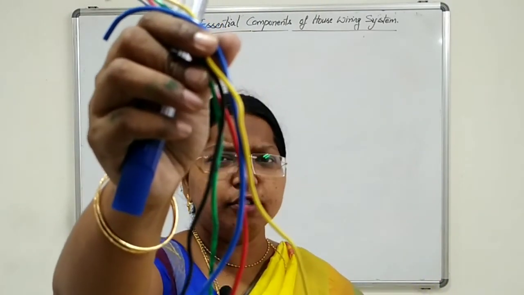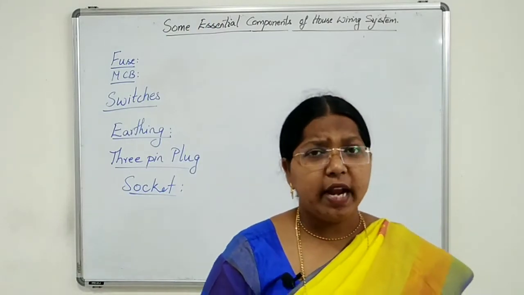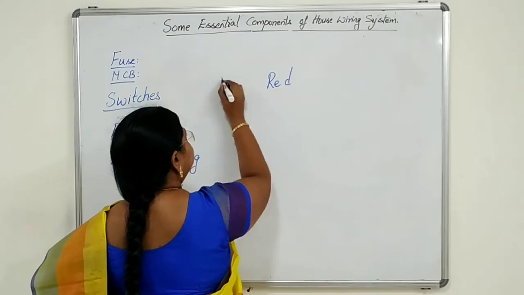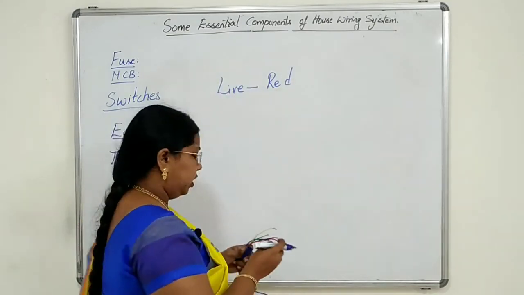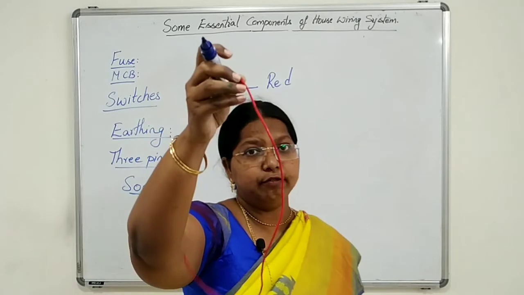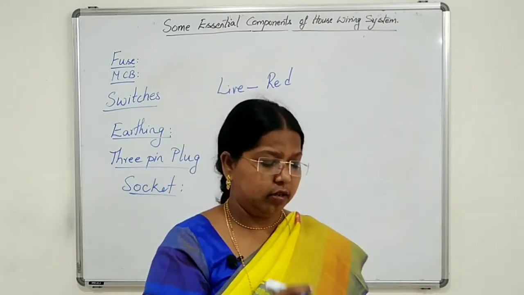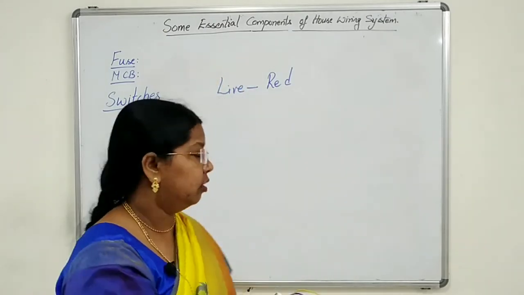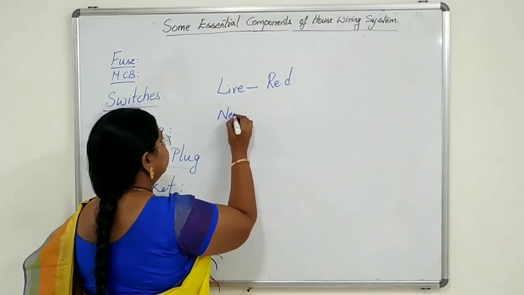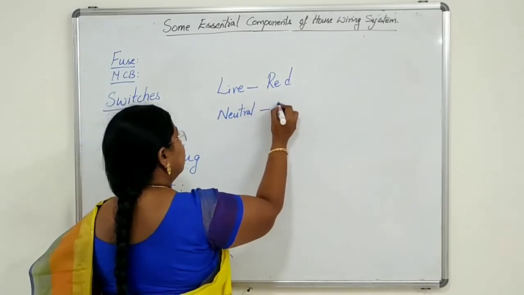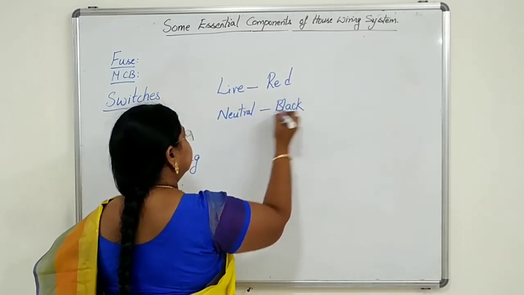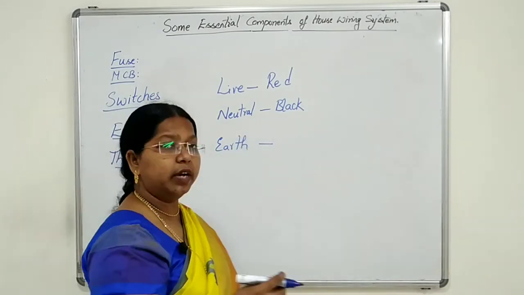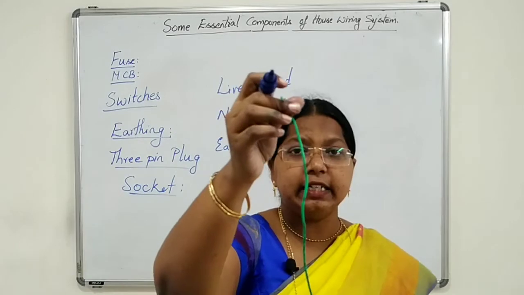Red color is used for live wire, and the black one is used for neutral. And earth wire is of green color.